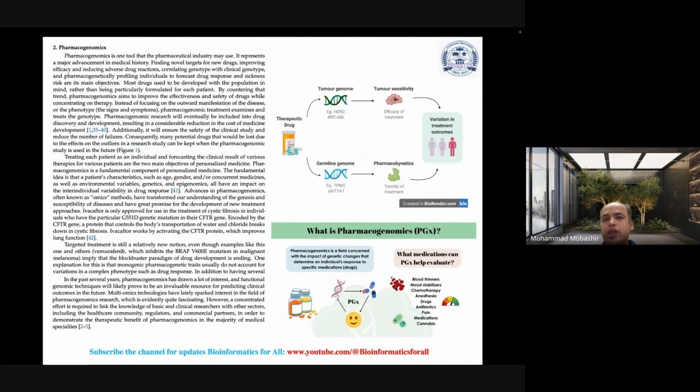And of course, you can look for the variation in the treatment outcomes, pharmacokinetics, germline genome, and then finally you will have some kind of therapeutic drug.